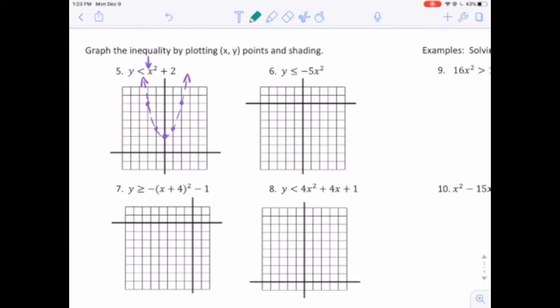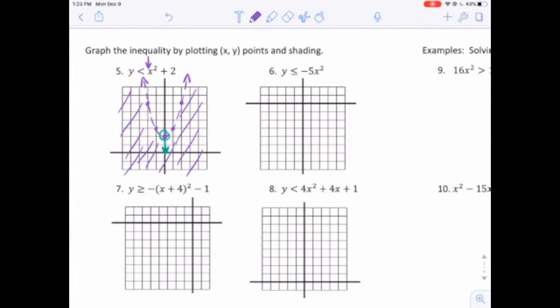Because it's a less than symbol, I need to shade down, which is down here, but it really just kind of carries all the way around the parabola. So you're shading outside of the parabola because we had to be able to shade below it.